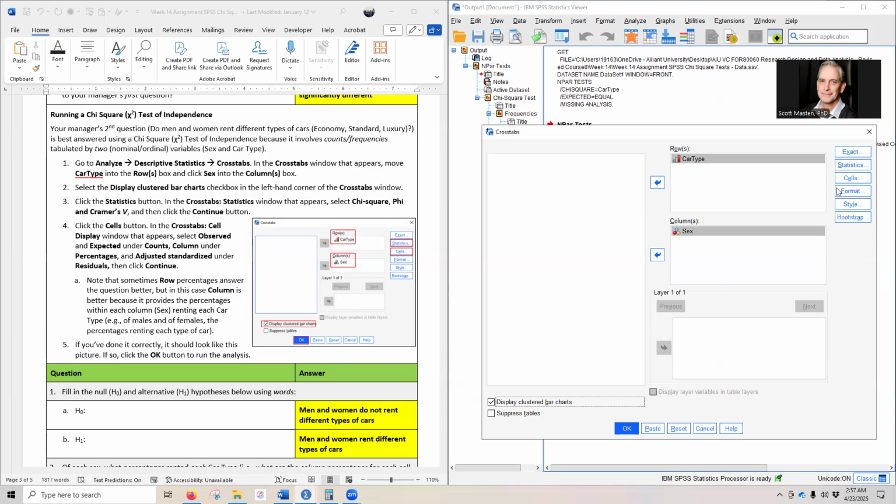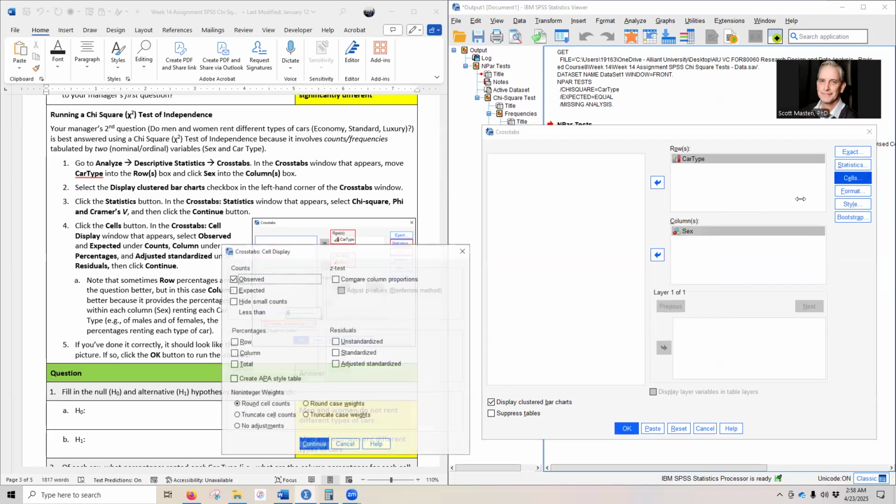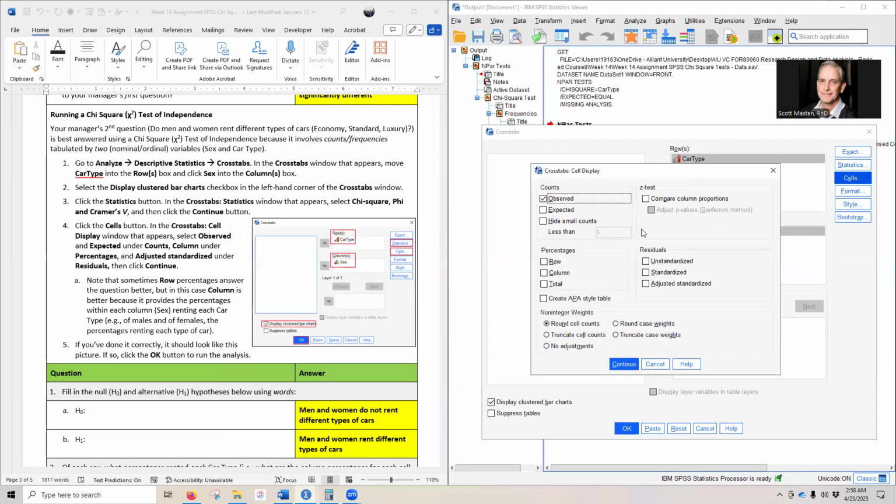And then we need to click up here under statistics. We need to pick chi-square and phi and Cramer's V. That's our measure of effect size. Then under cells, we've got to get some stuff. Observed is already going to be picked, but I tell you, you should also get what was expected for each cell.